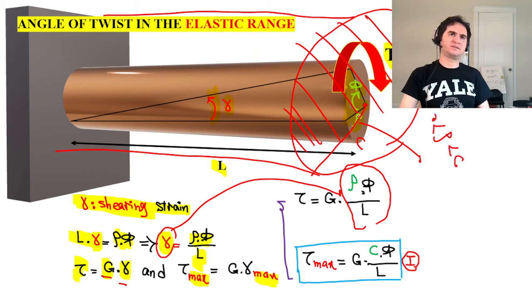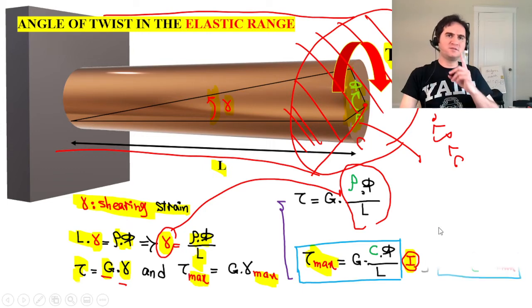That's why we call that undeveloped r. If we call this equation 1, that's our first equation for torsion: tau maximum is G, the rigidity modulus, times radius times phi over L.